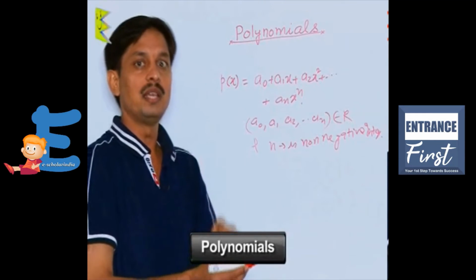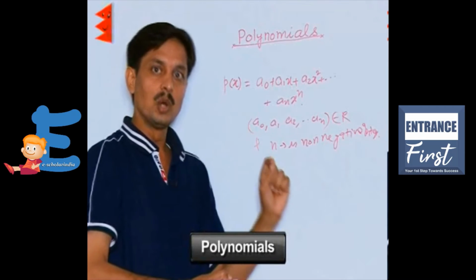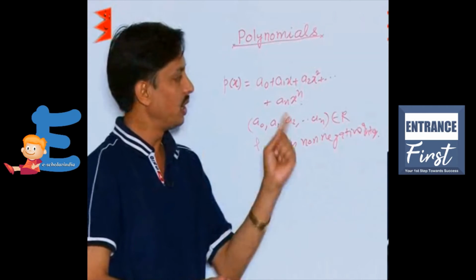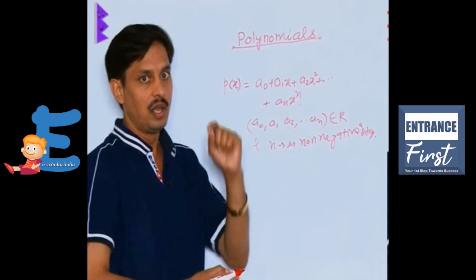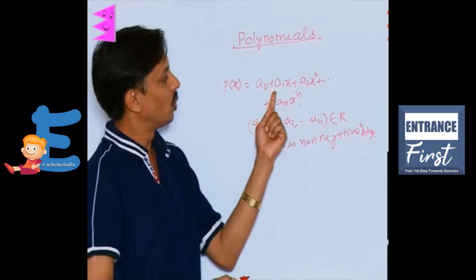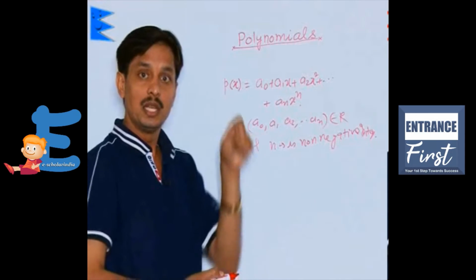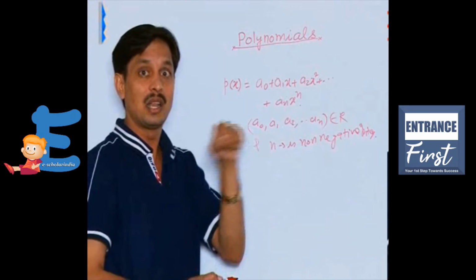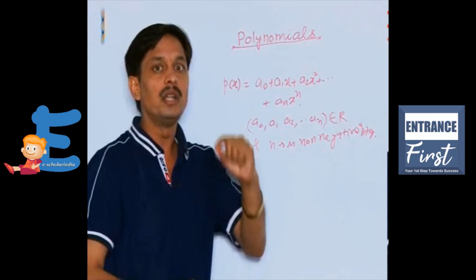So a polynomial is an algebraic expression of the form A0 plus A1x plus A2x square plus A3x cube plus dot dot dot plus AnXn, where these coefficients A0, A1, A2 dot dot dot An are real numbers that may be rational or irrational, and the power should be 0, 1, 2, 3.